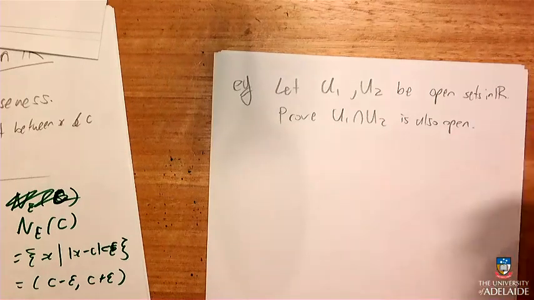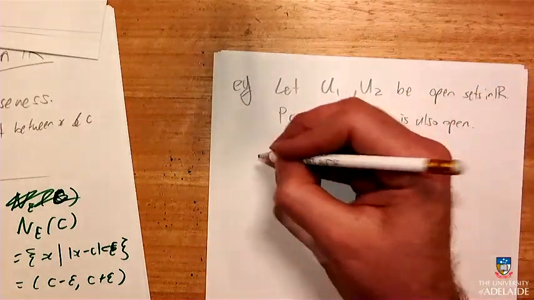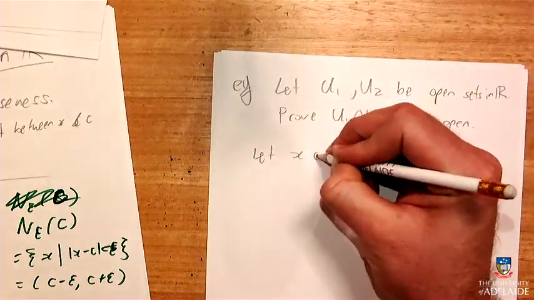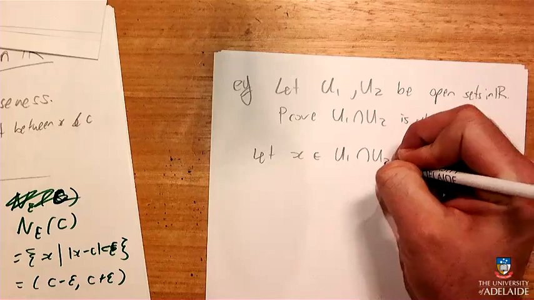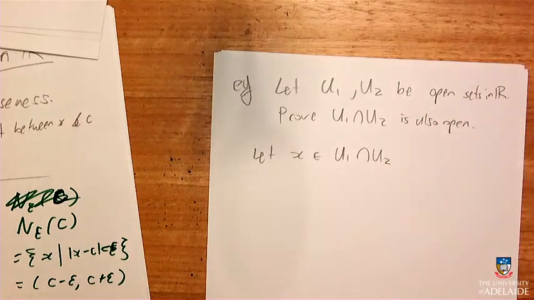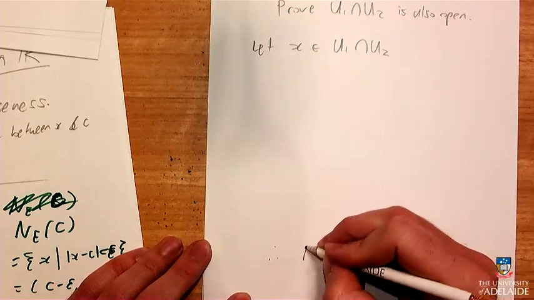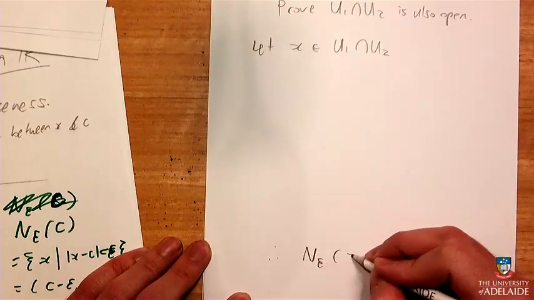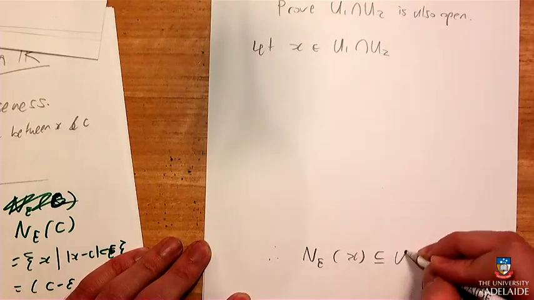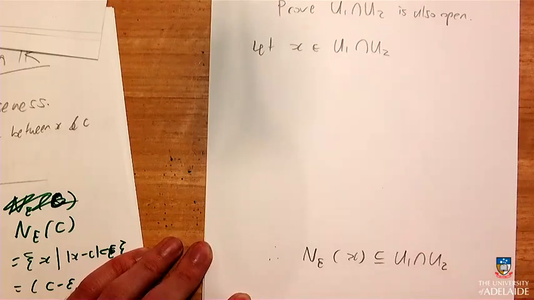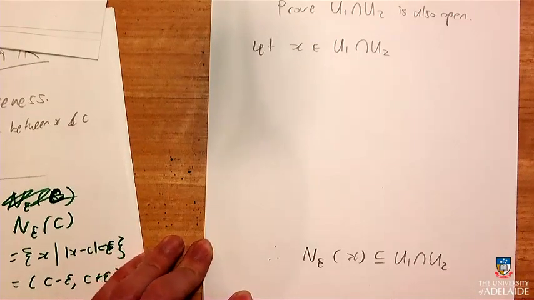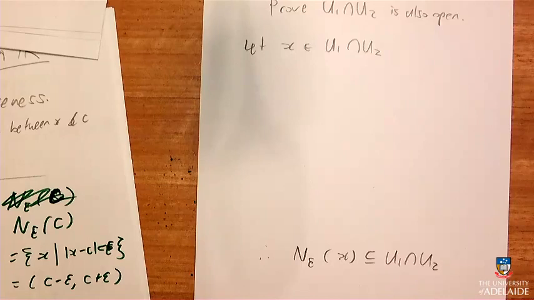So how about we go, okay, let x be in U1 intersection U2, and then we have to tell the reader what delta is, and then say, therefore, or something like that. Oh, sorry, I have to tell them what epsilon is.